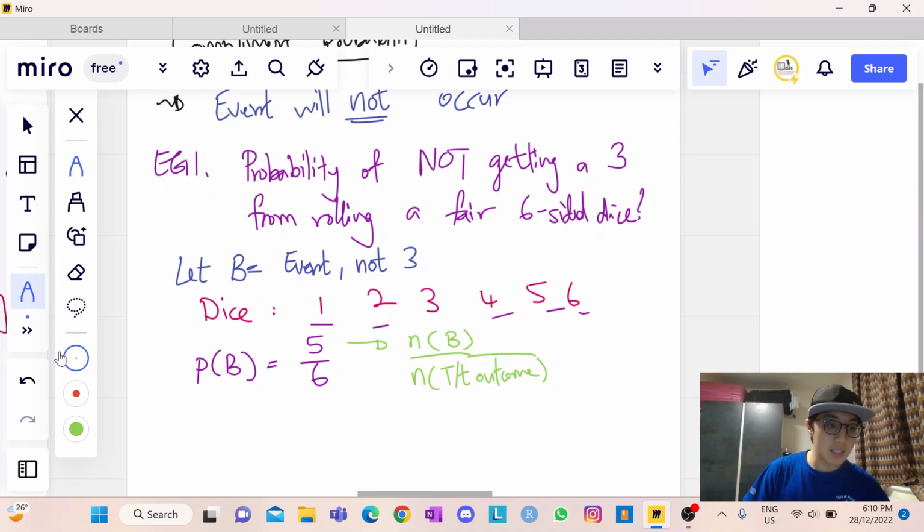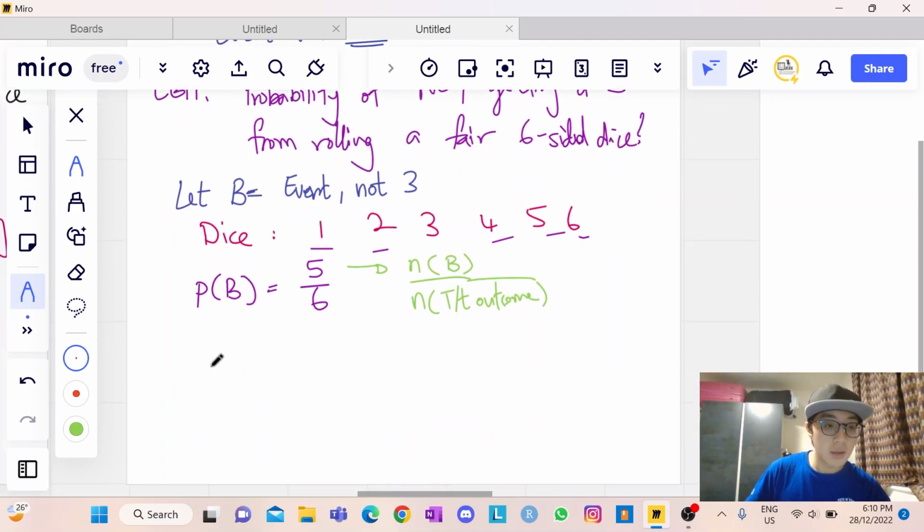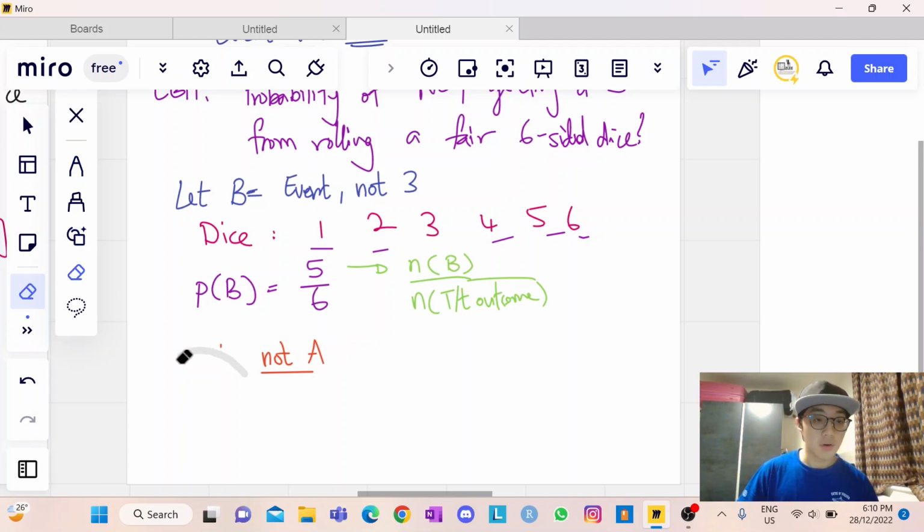And as you can see, the relation between a normal one and a complement of it is, let's say A, B is not A. In other words, the outcome for A is 3, right?